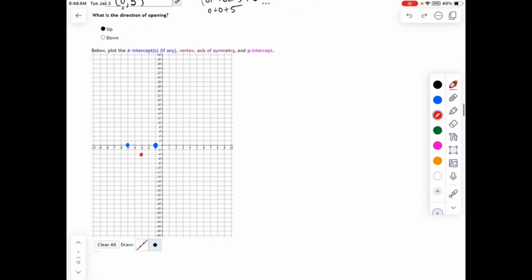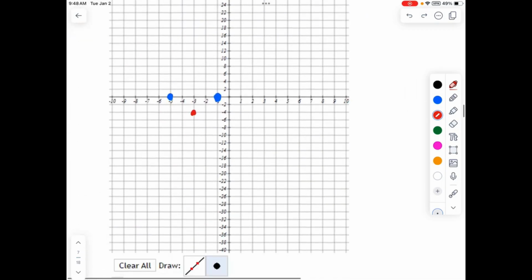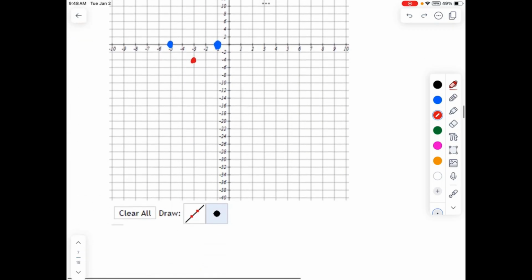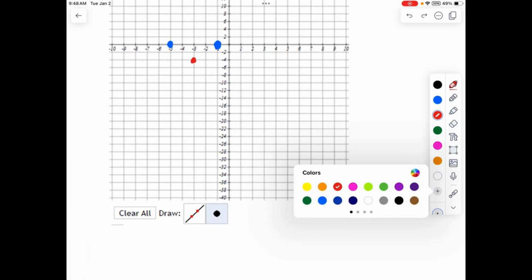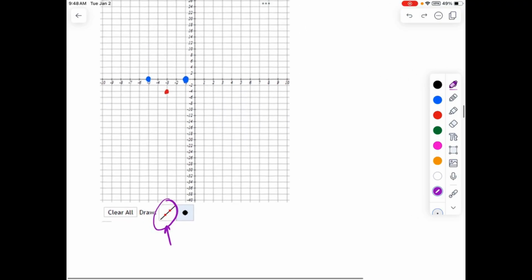And then we have x equals -3 as the axis of symmetry. It's going to be purple. I don't have purple. I do now. When we're looking at that, we're going to be using the line tool. So before we've been using the dot tool, now use the line. Now you'll notice for the line tool you need 2 red dots. Those are not dots on the graph.